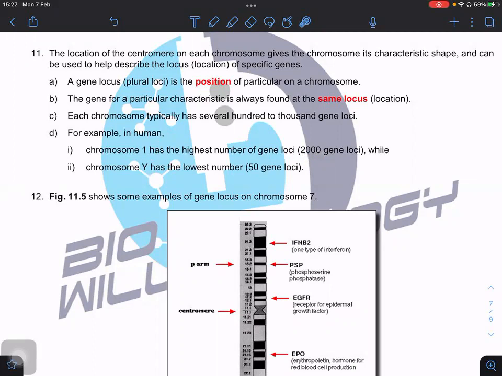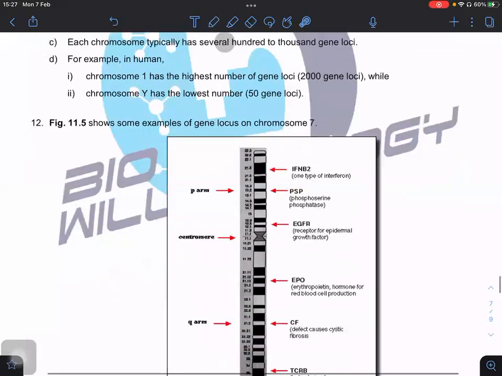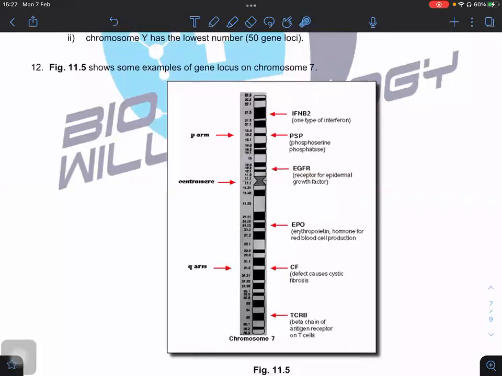So what is a locus? A locus is basically the address or position of a particular gene. It won't change at all. For example, this is chromosome number 7, and you can see that you have this.